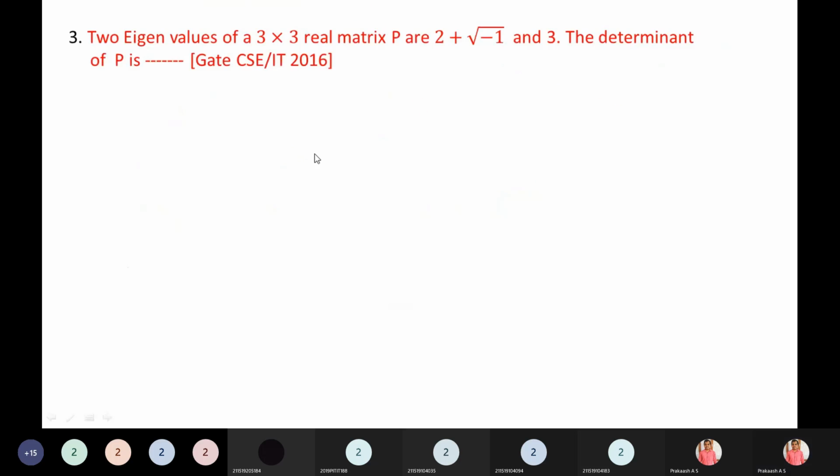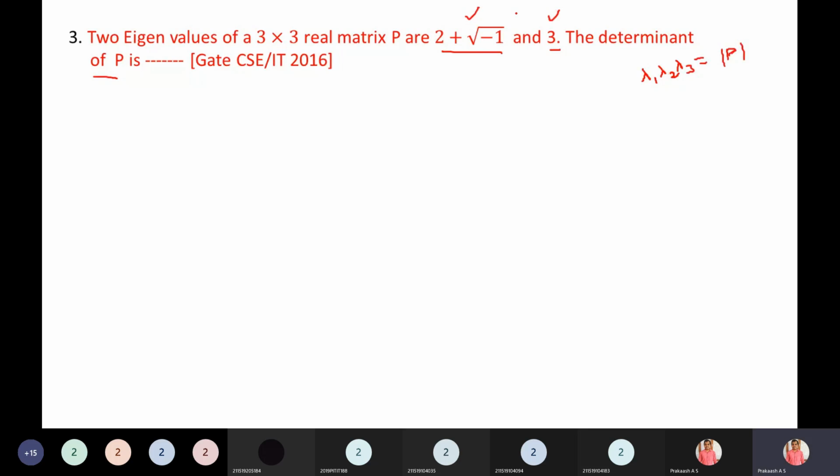Third one. Two eigenvalues of a 3 by 3 real matrix P are 2 plus square root of minus 1. It's a great problem. Two eigenvalues are given. I want to find determinant of P. I know that for a 3 by 3 matrix P, lambda 1, lambda 2, lambda 3 is determinant of P. No problem. But only two eigenvalues are given.